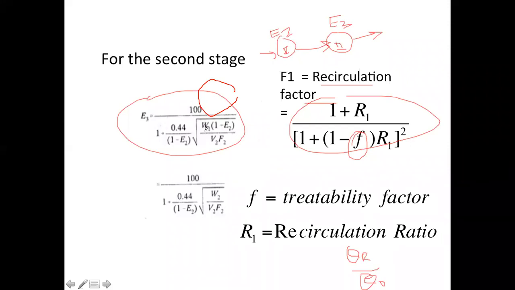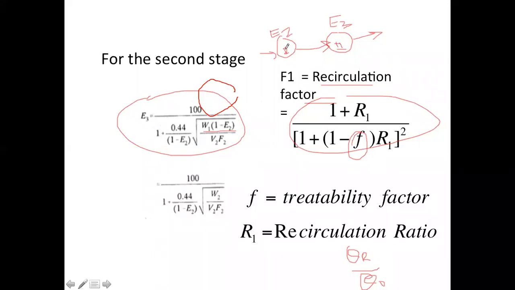So here we will take the BOD loading for this one only as what is coming out from E2. BOD loading for two stage will be only that coming out from this first stage trickling filter. So this will be W1 (1 minus E2).